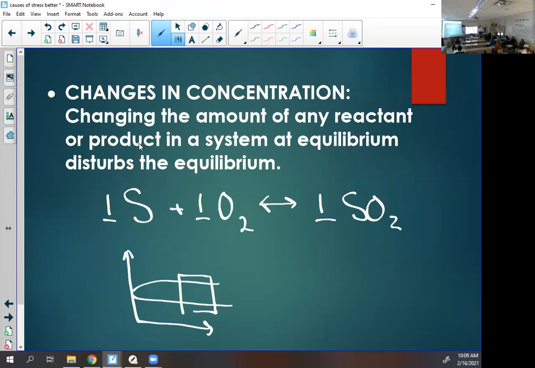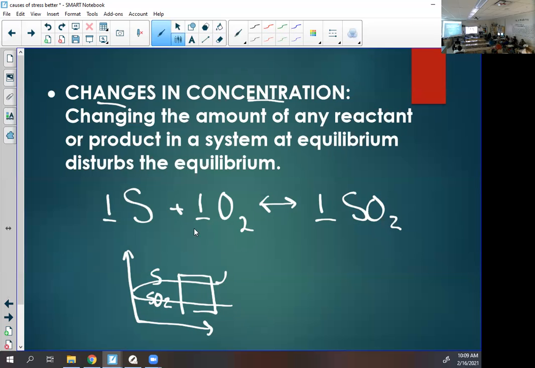So let's say this is S, and this is my SO2. I'm at equilibrium, but now I'm going to change the amount of one of the things. So I come along and I add sulfur. You'll get a spike right here because I, Tom Davidson, the scientist, put sulfur into the system.